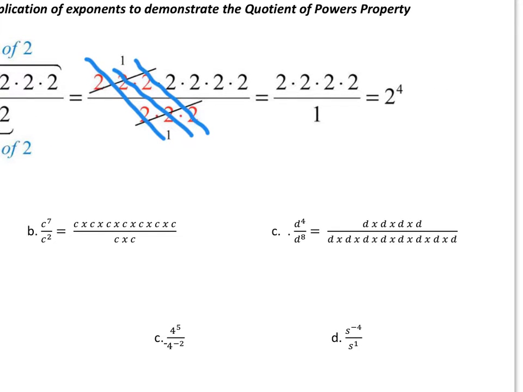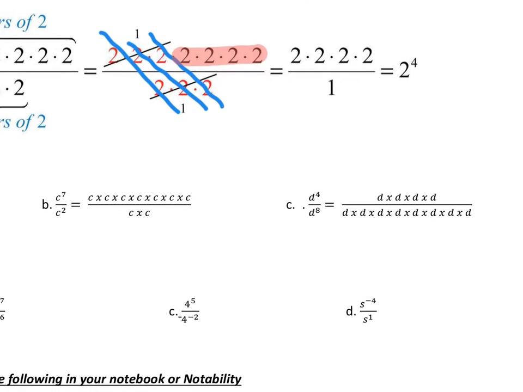Then we are left with just these 4 2's up top. When I put that back into exponential form, meaning a base with an exponent, we get 2 to the 4th power.